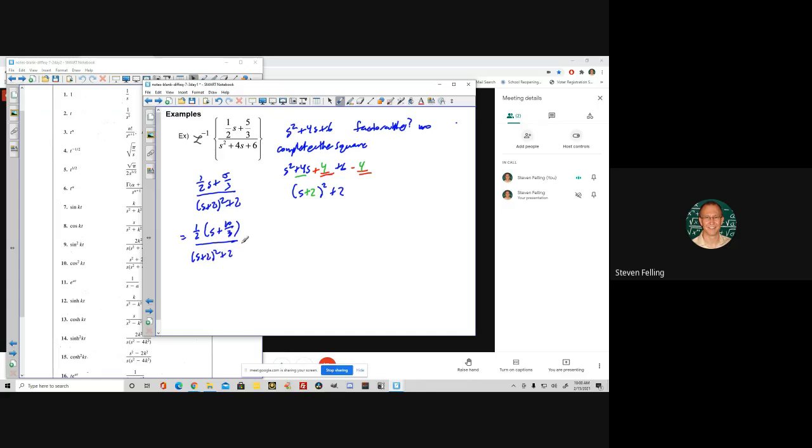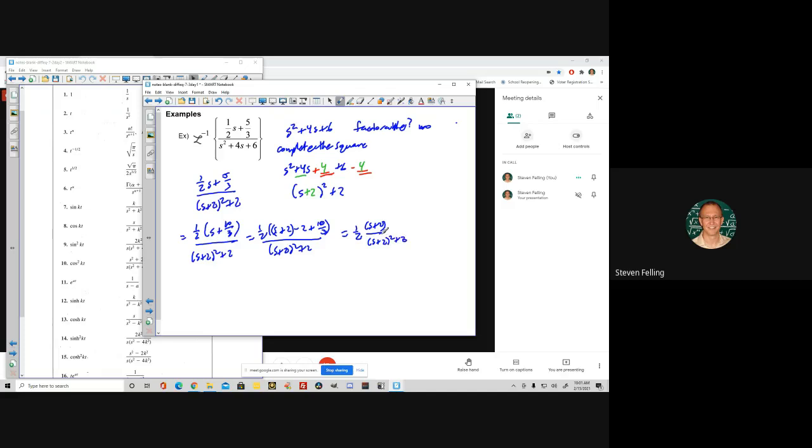And then let's do that, subtract 2, or add 2, because I want to make that match. Add 2, and then subtract 2 plus 10/3, so that I can group that. s plus 2 squared plus 2. So then I have 1/2 times s plus 2 over s plus 2 squared plus 2.